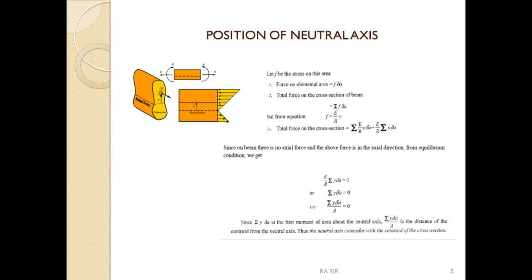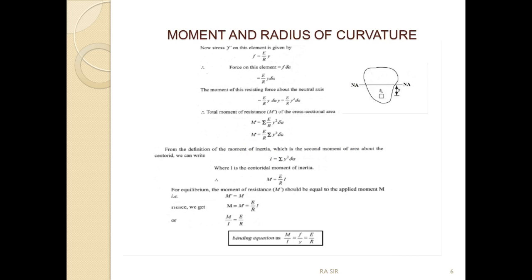Now in the next part we have to derive an equation which is the relation between moment and radius of curvature. Initially we take the stress equation, f is equal to Ey by R, and as in the previous derivation we take the elemental area dA at a distance y from the neutral axis.